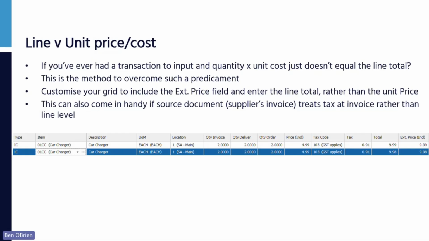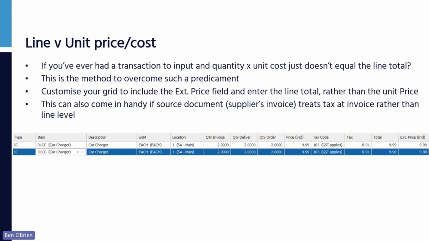And the line versus unit price cost. Now, this is something that not a lot of people know about, and most people, this will be one of their key takeaways from this session: the ability to enter pricing on a line basis as well as the unit price basis. So if you have a situation where the quantity multiplied by unit cost doesn't equal the line total, then yeah, that can happen.